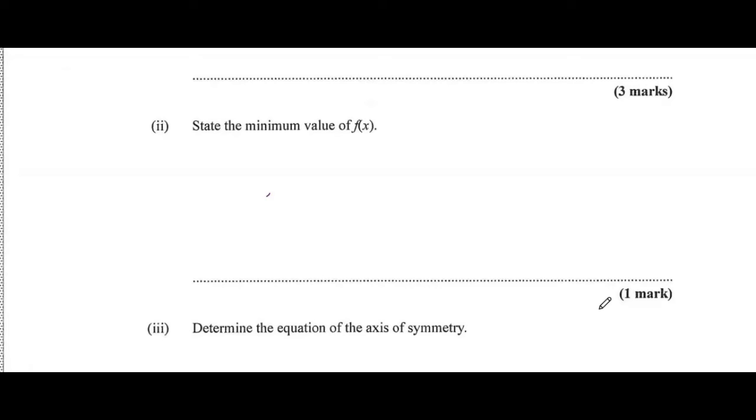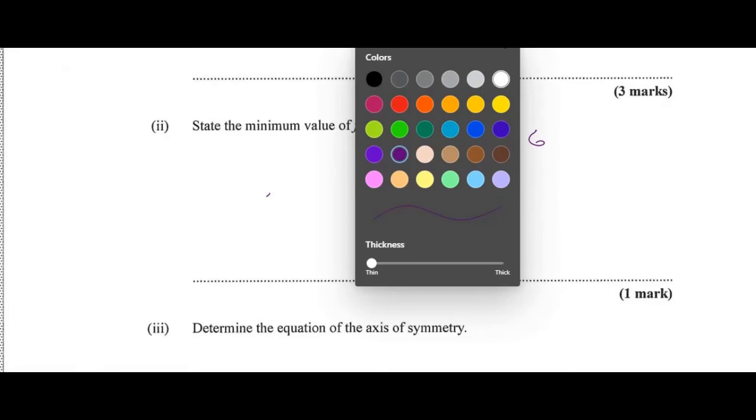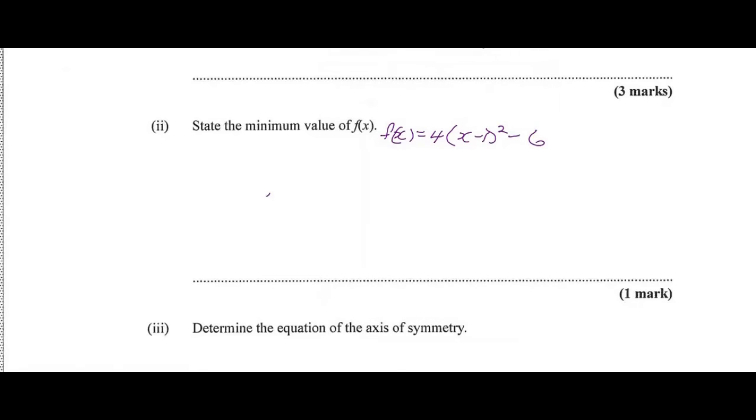So the expression is f of x is equal to 4 into (x minus 1) all squared minus 6. Now, this part here, this section here, will always be positive.